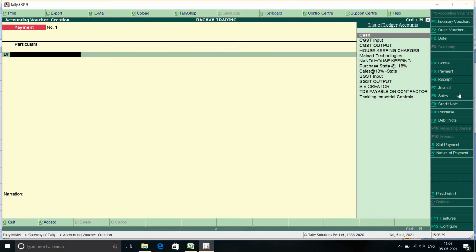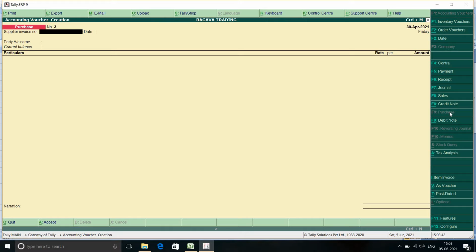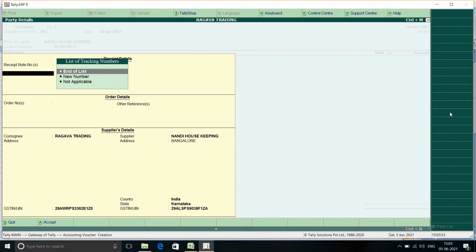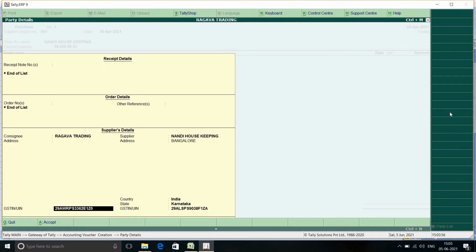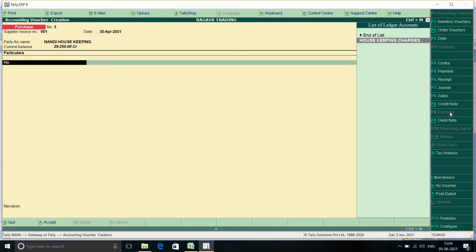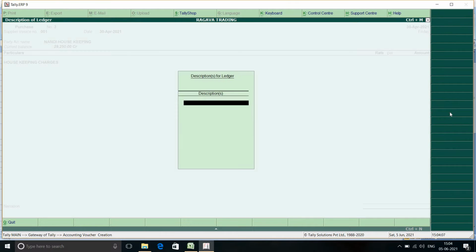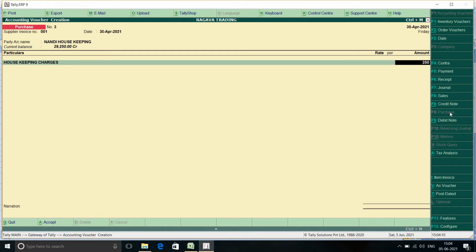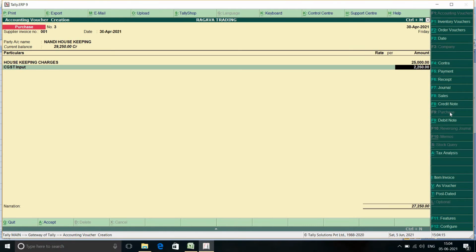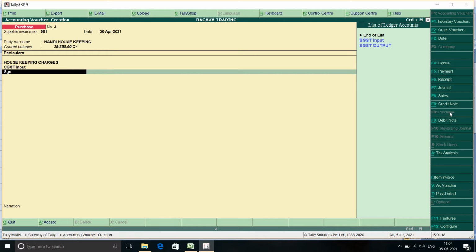Assume you are getting a bill from Nandi Housekeeping at the end of the month, April. Invoice number 001, for housekeeping charges. Housekeeping charges account debit, $25,000, CGST and SGST 18%.